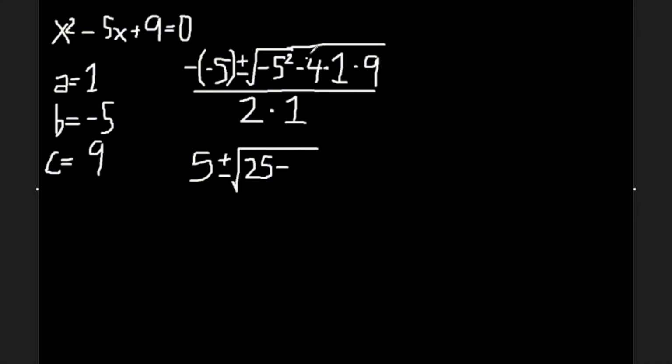Negative 4 times 1 times 9 is negative 4 times 1 is equal to negative 4. Negative 4 times 9 is equal to 36.